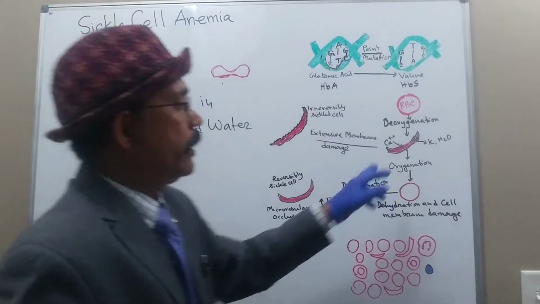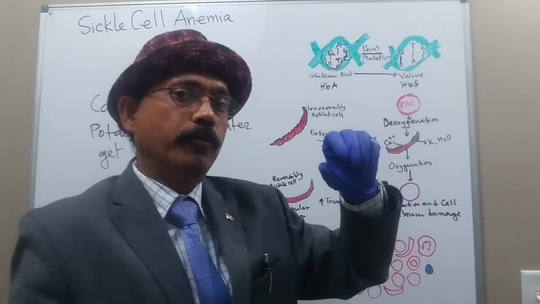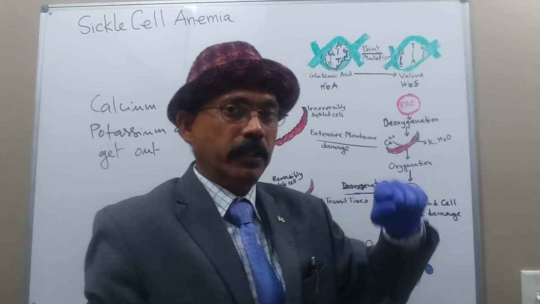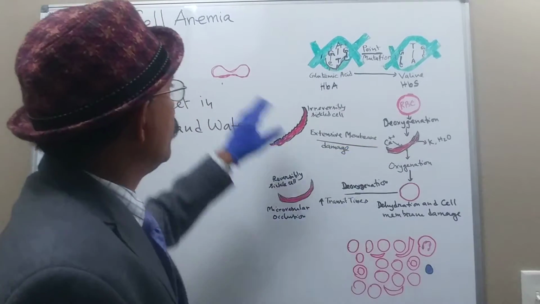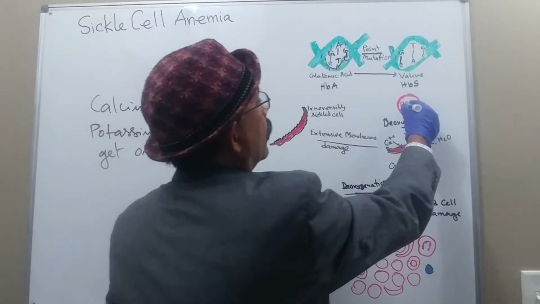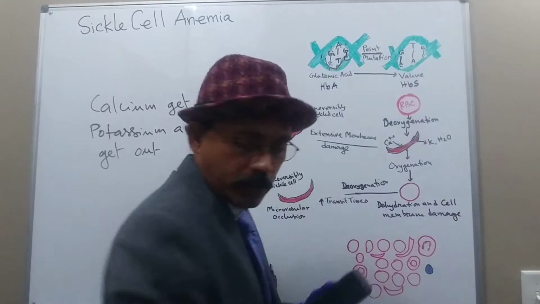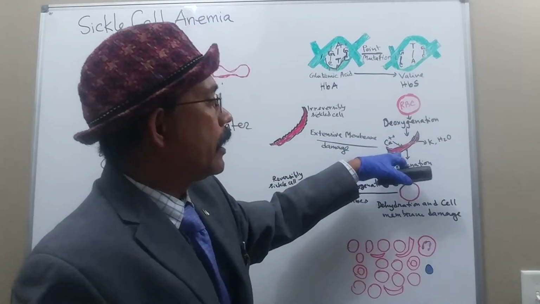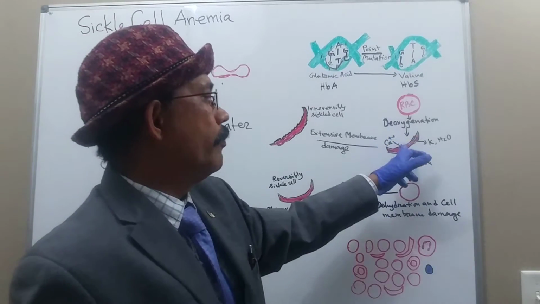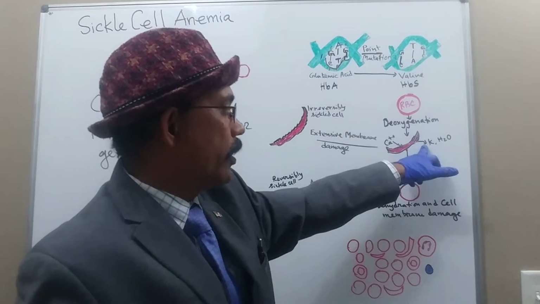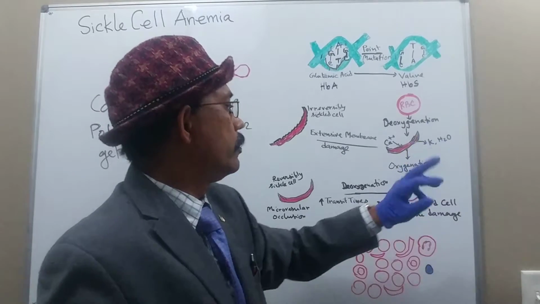That causes polymerization, thickening, dehydration, and the RBC, instead of a round shape, becomes crescent shaped. So remember, calcium gets in, potassium gets out, water gets out.